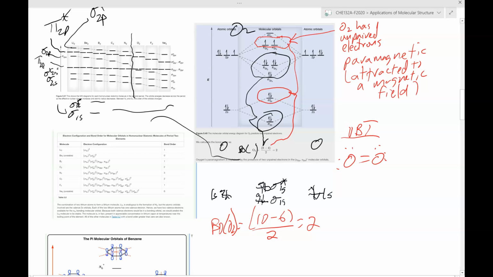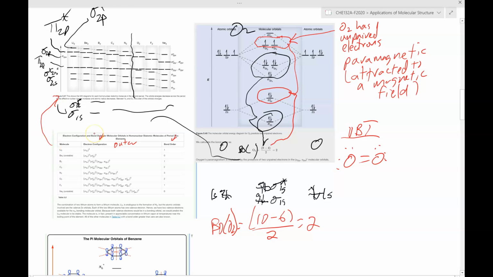Over here in table 5.2, you have an electron configuration written for these homonuclear diatomics, and you have the bond orders here. The electron configuration, again, is for just the outer electrons, and this would obviously correlate to this diagram.